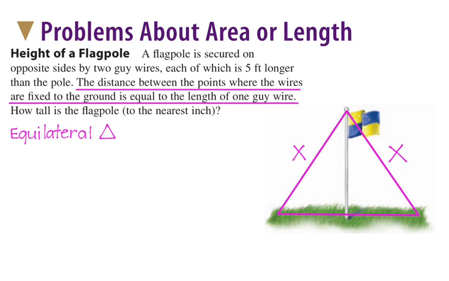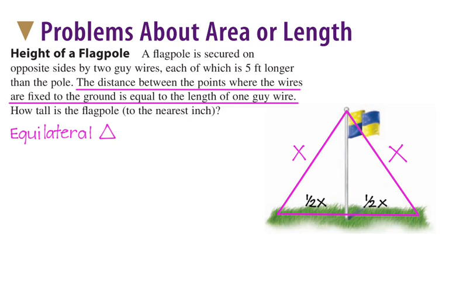And we're going to say, okay, the two guy wires are what we're interested in. So since we want to figure out the length of these guy wires, I'm going to call them x, which also means this base down here has a length of x. And the flagpole, being straight up and down, meaning perpendicular to the ground, is going to divide this one equilateral triangle into two right triangles, where each part of the base here is 1/2 x. Okay.